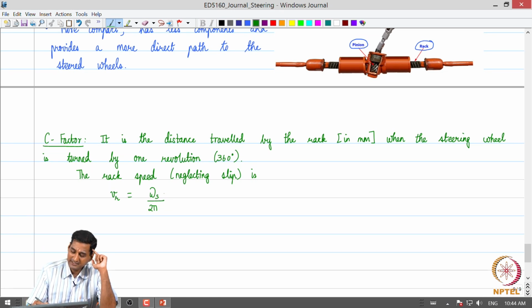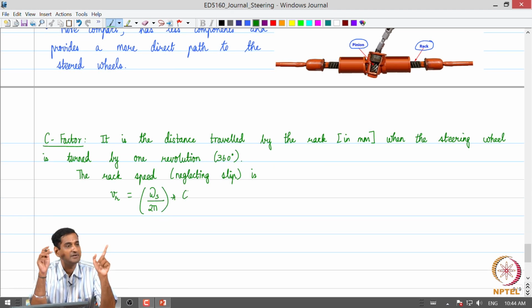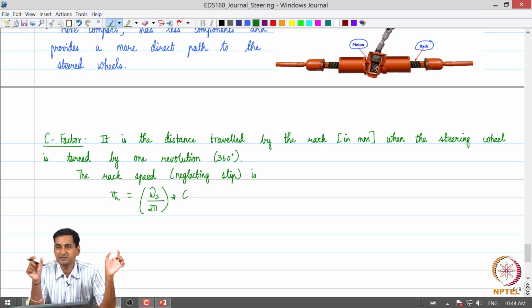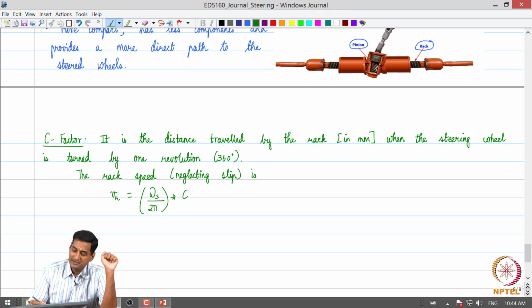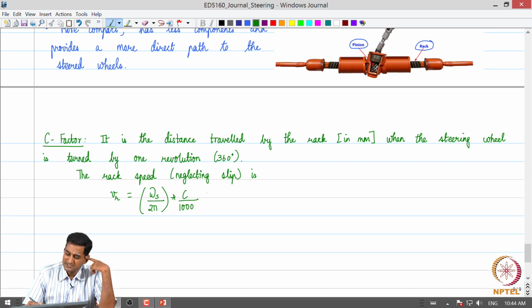So, if I multiply this with the C factor, I get the displacement of the rack in millimeters per second. Now, to convert to meters, I just divide it by 1000.